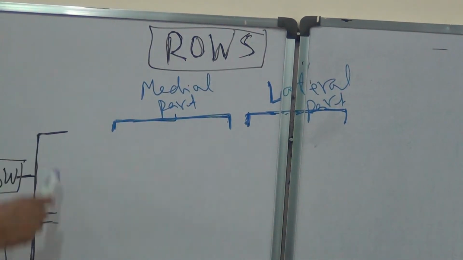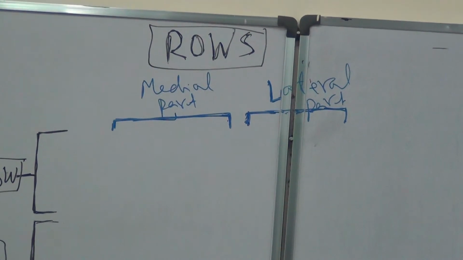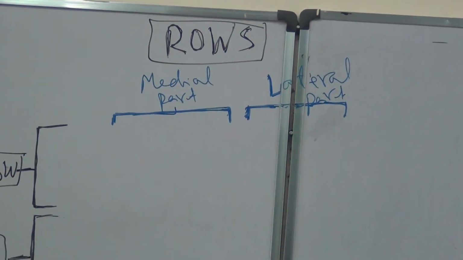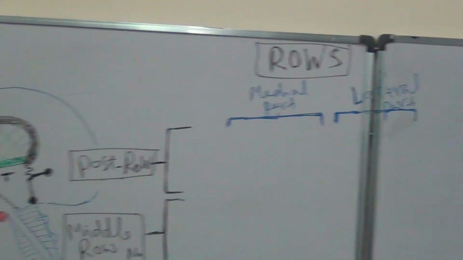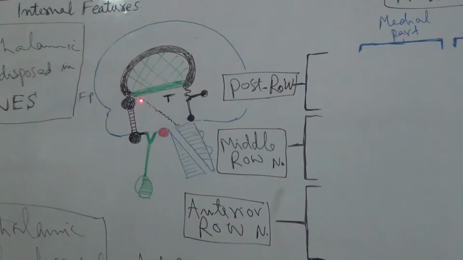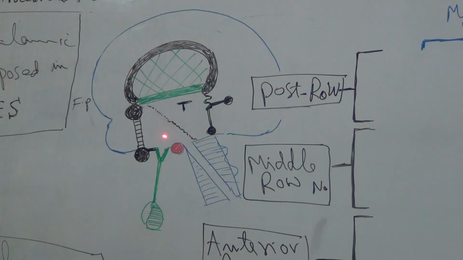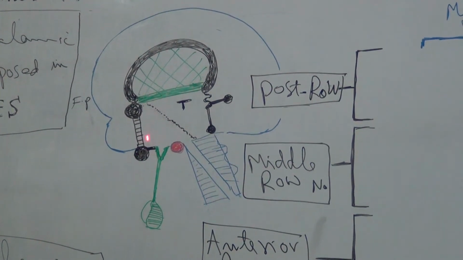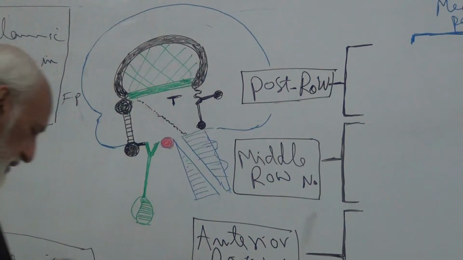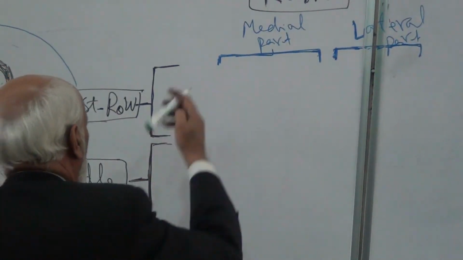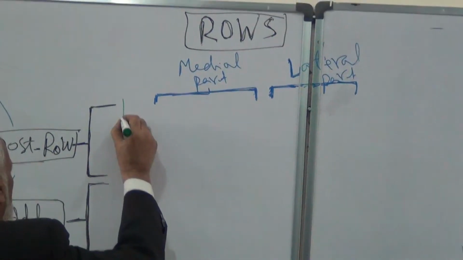Now, because this is the medial side of the hypothalamus, forming part of the cavity of the third ventricle, therefore it is covered by ependyma. Now on the medial side, this is ependyma.